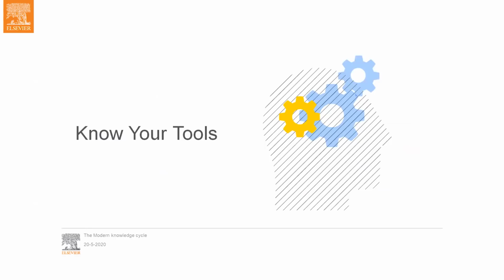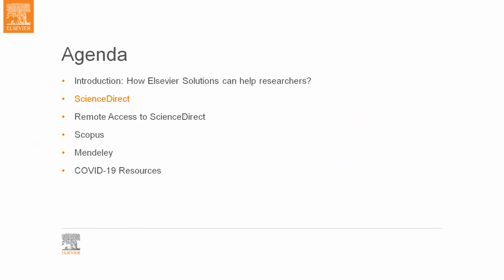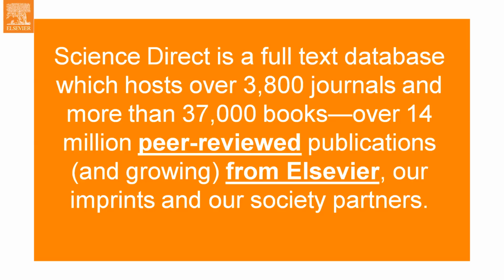So now we can begin with our solution, Know Your Tools: ScienceDirect. ScienceDirect is a full text database. It has over 3,800 journals, which means you will never miss any new or upcoming or trending topics in your specific area.